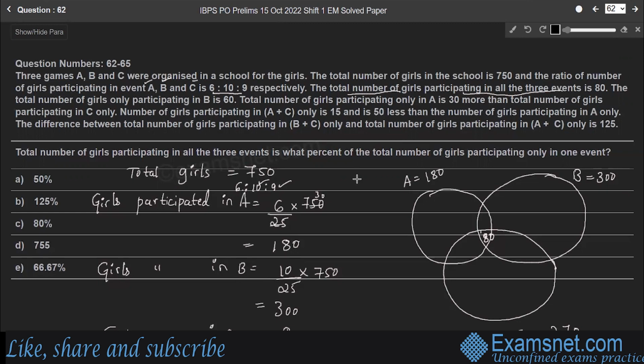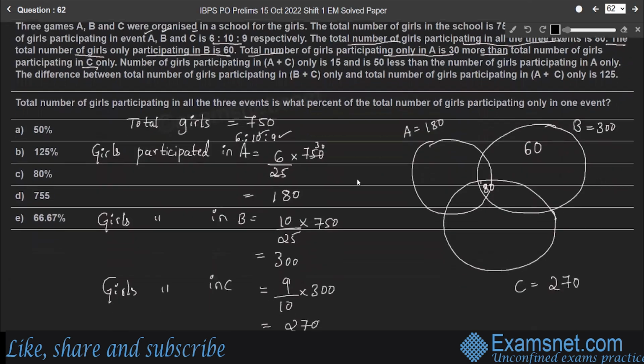And the next one, the total number of girls only participating in B is 60. So 60 girls participated in only B, right? So not other than B. Here, the total number of girls participating only in A is 30 more than total number of girls participating in C only. So we'll write the numbers here.